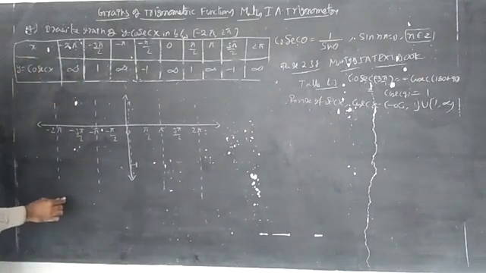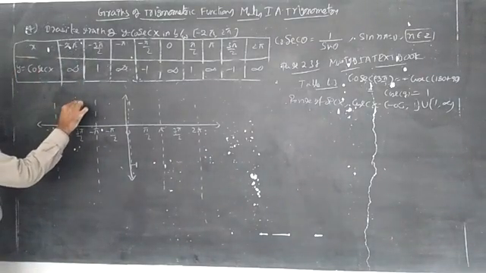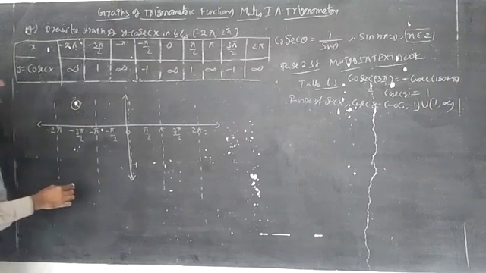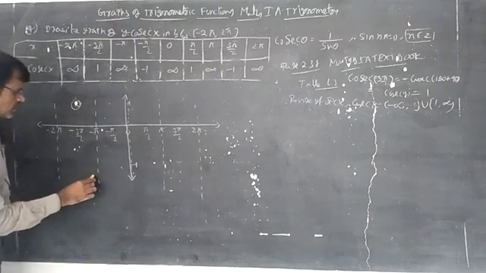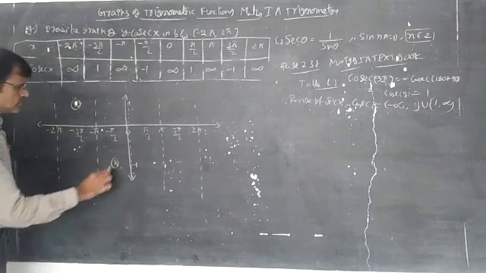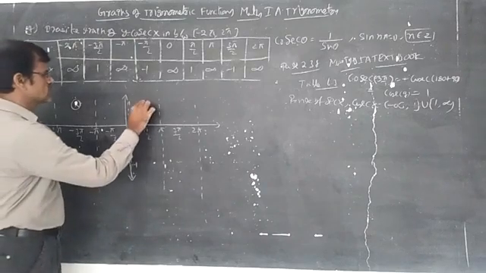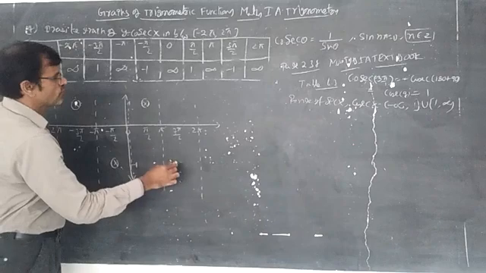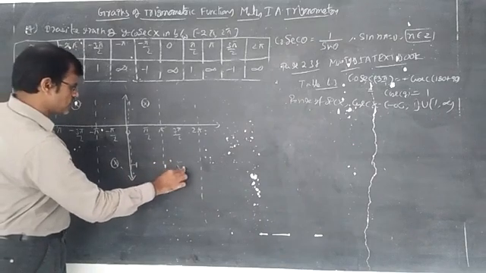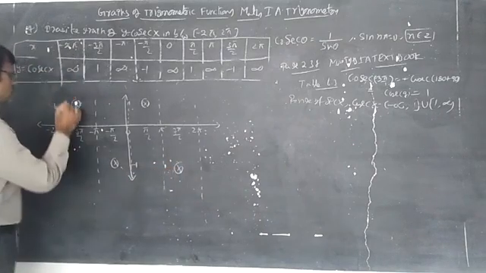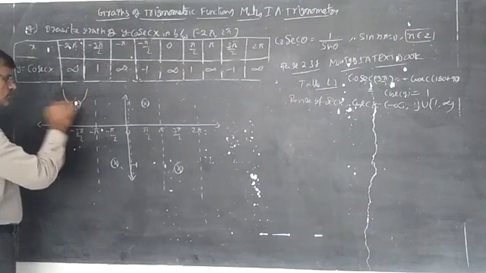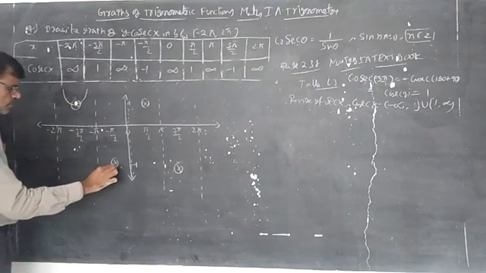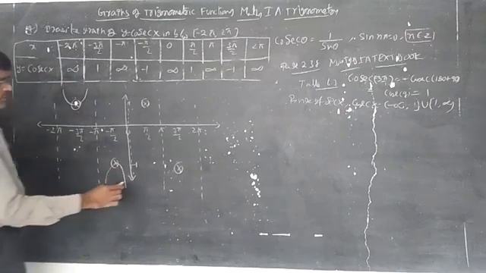Now put here for minus 3 pi by 2, 1, indicated like this. Next, for minus pi by 2, minus 1 put here. For pi by 2 it is 1, and for 3 pi by 2 it is minus 1. This is the bounded value, draw like this.